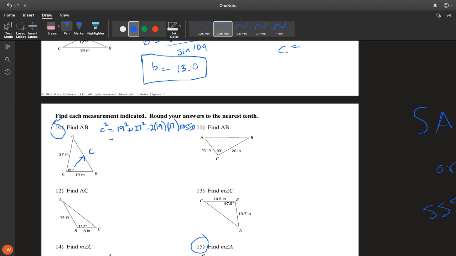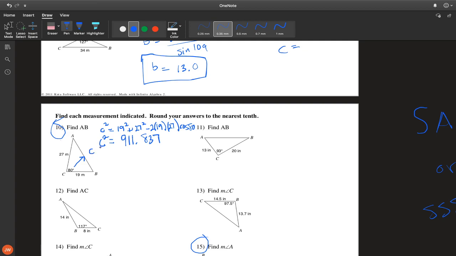Alright, now looking at this, we're going to have to simplify this down, so I'm going to plug this into my calculator. 19 squared plus 27 squared minus 2 times 19 times 27 times cosine 80. Now, we get this number right here, 911.837, and it's equal to c squared. Now we have c squared, to the power of 2.